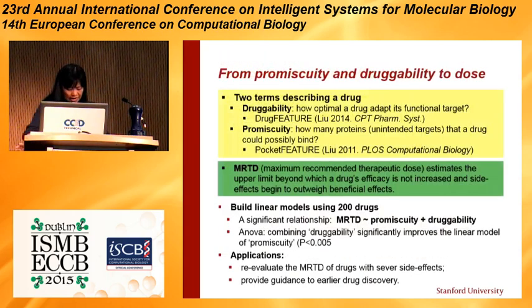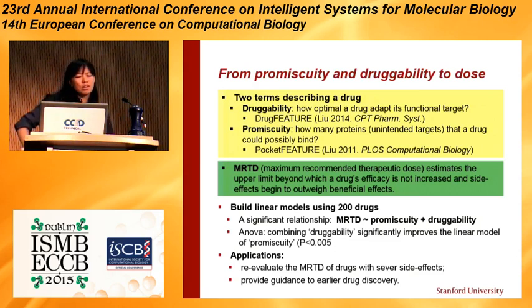So far, we have talked about the algorithm, the method for determining the molecular mechanism, the promiscuity, and how we relate the promiscuity to side effect. However, we didn't talk about the other important term of a drug, which is the functional target.